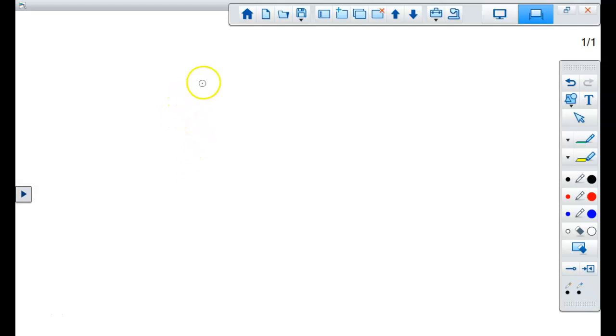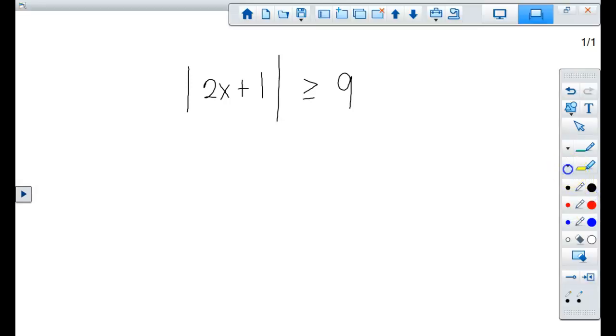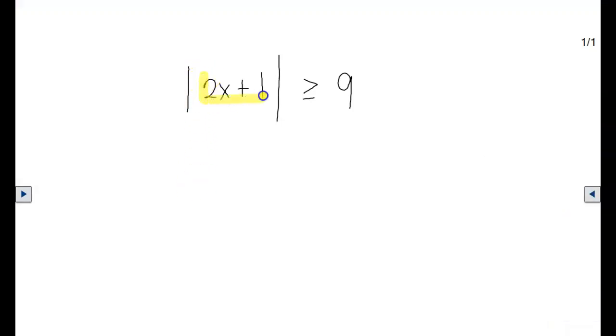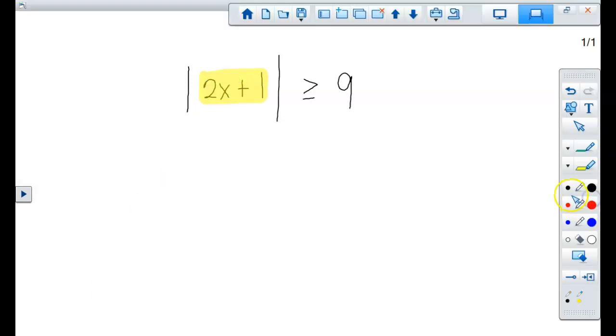Now, the last thing that we did last week is we were looking at solving absolute value inequalities that looked like this. So notice what this problem is saying. We are taking the absolute value of 2x plus 1, and this problem tells us that the absolute value of 2x plus 1 is greater than or equal to 9.